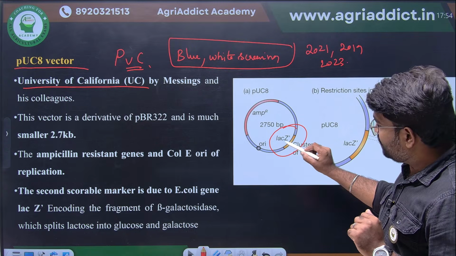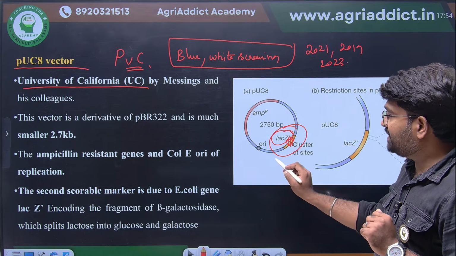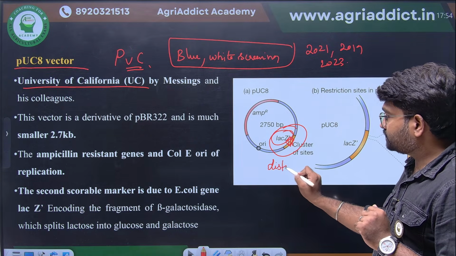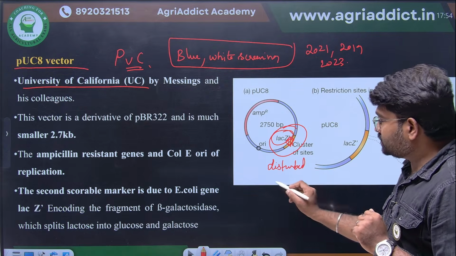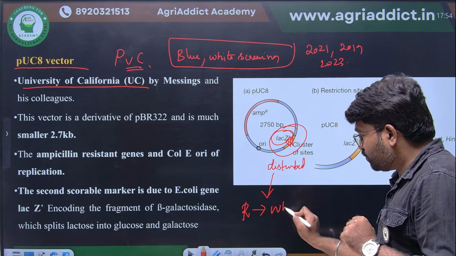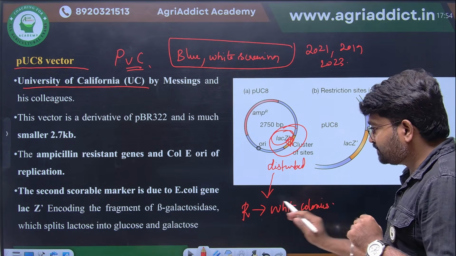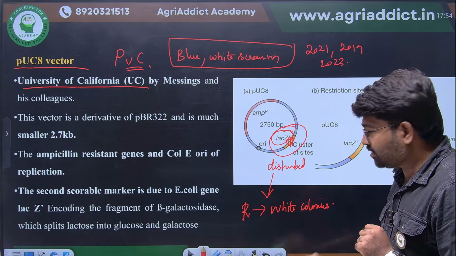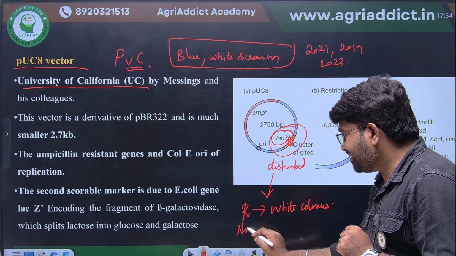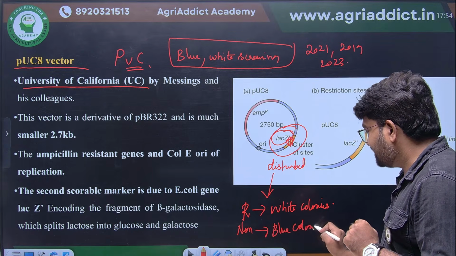If my gene is inserted here, the lacZ function will be disturbed, so the recombinants will become white colonies. This is the question they have asked: recombinants will have white colonies and non-recombinants will produce blue colonies.